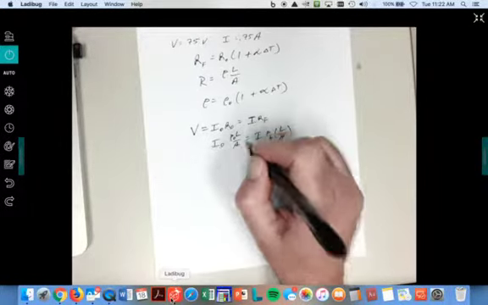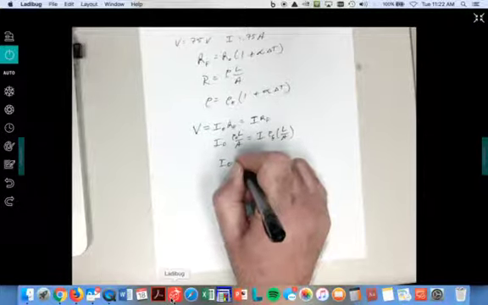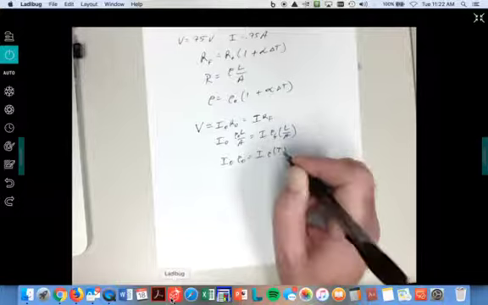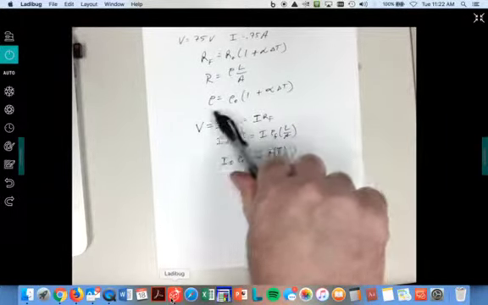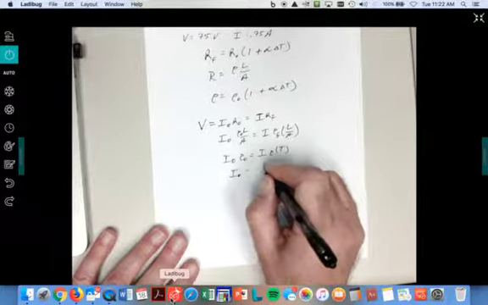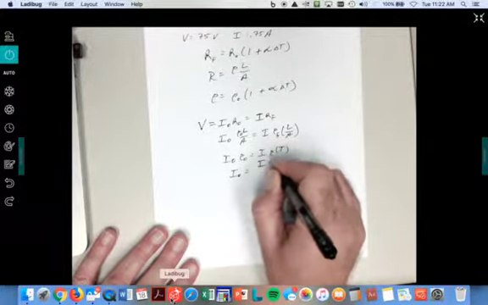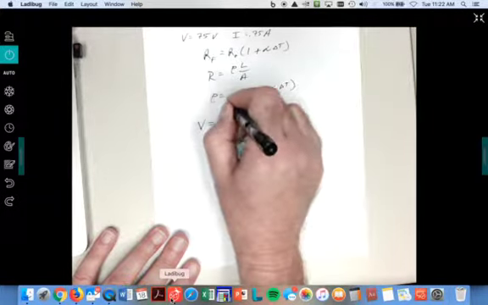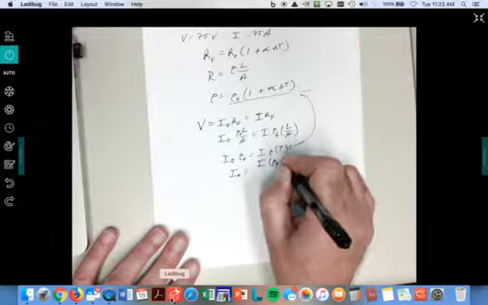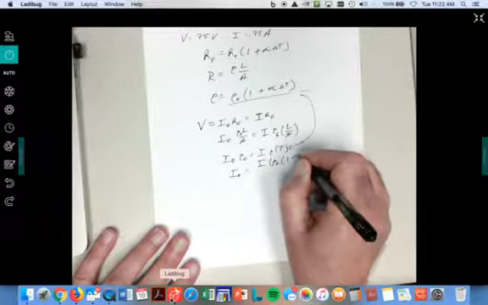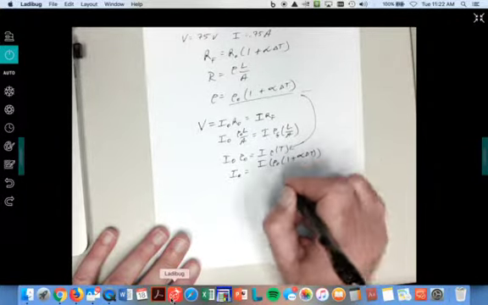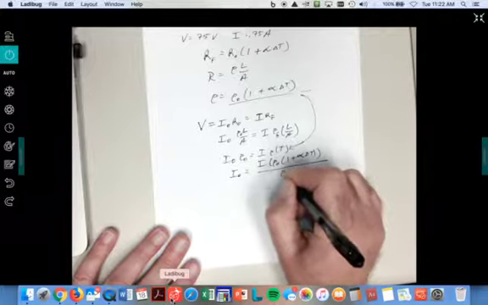The L's over A cancel, so I've got I naught rho naught is equal to I times rho with that relationship to the temperature. And so I can plug that in, and I get I naught is equal to I times rho naught times 1 plus that alpha times delta T, close that parentheses, divided by rho naught.